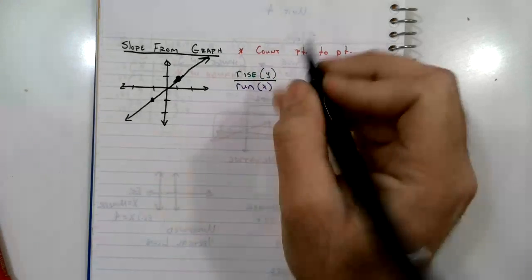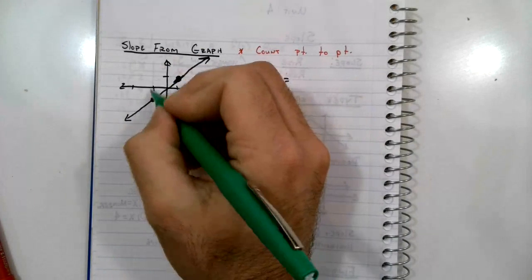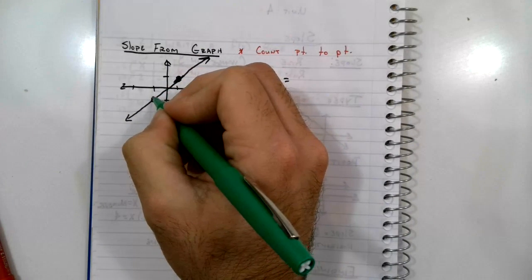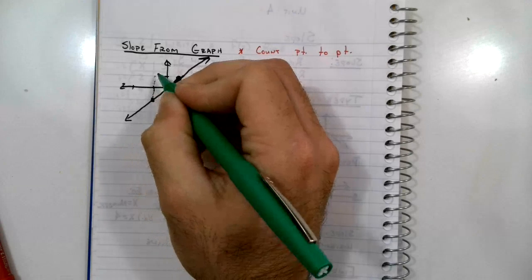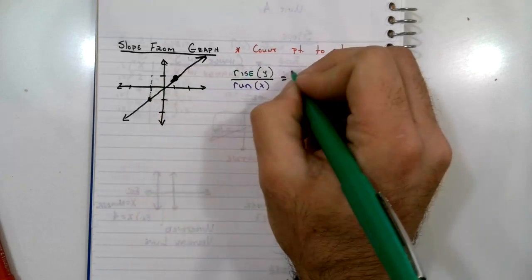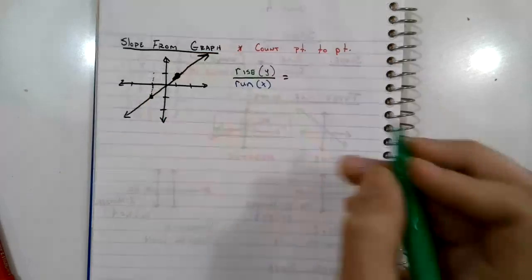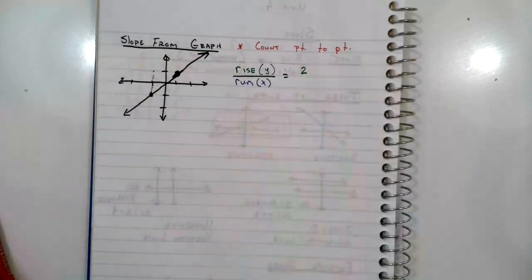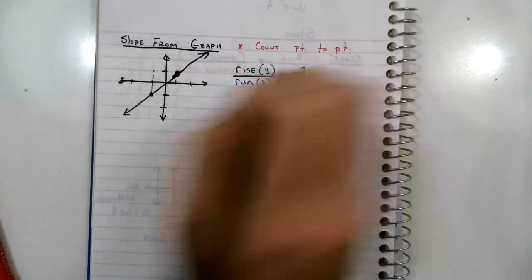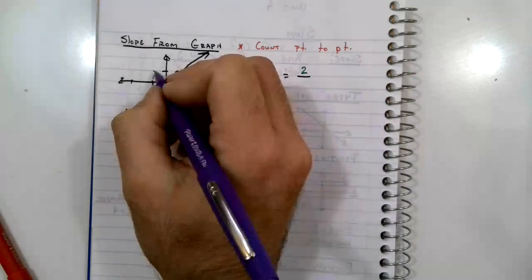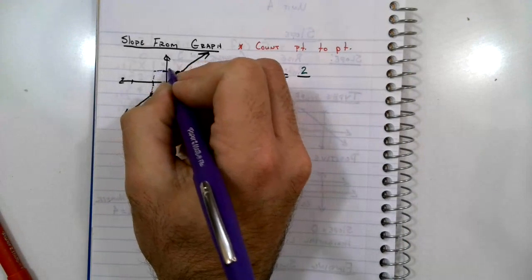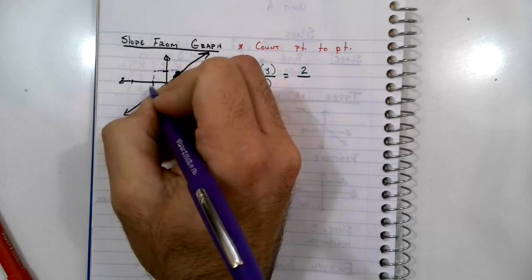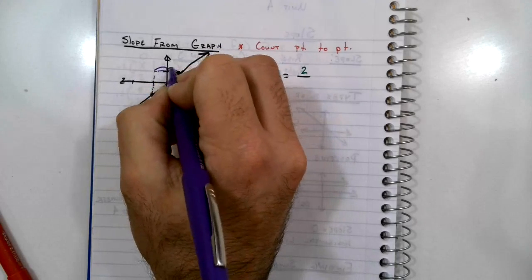All right? So when we count, I'm going to start at this point, and I'm going here. I'm making me a little track. So I'm going up 1, 2. So I went up 2 points. Up means positive because we went up. So we went up 2. And then my run, from here to this point, I went over 1, 2. So I went up 2, over 2.